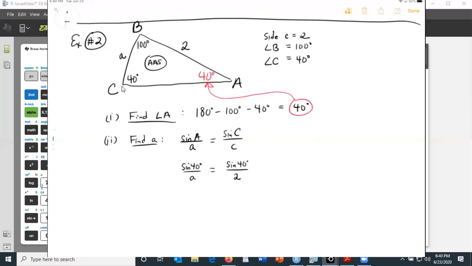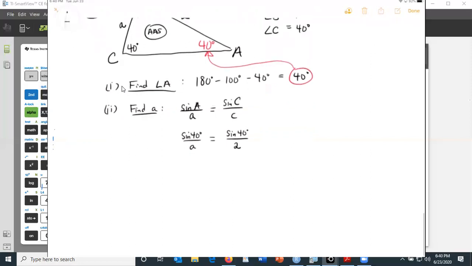Now this one here, we're not even going to need the calculator because when we cross multiply, we get 2 sine of 40 equals A sine of 40. Right? And the A and the 2, doesn't matter which side they're on.